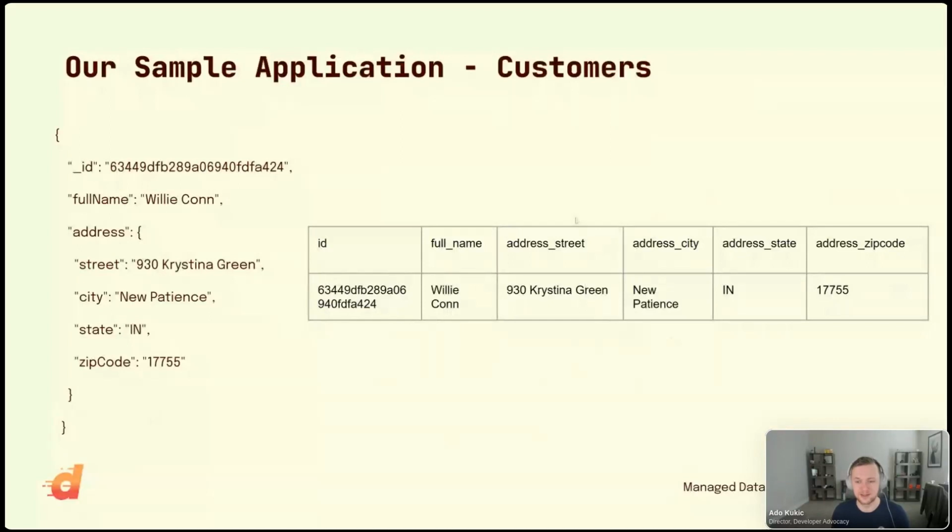With Postgres, it's a little bit harder to do. We could use a JSON data type for the address and store it in the same way as MongoDB, but then we don't get all of the niceties of the SQL language, where we can very easily query, join things together, and work with our data. But when we get to some of the examples, you'll see that both NoSQL and SQL databases, MongoDB and Postgres, can be used to achieve pretty much the same results.